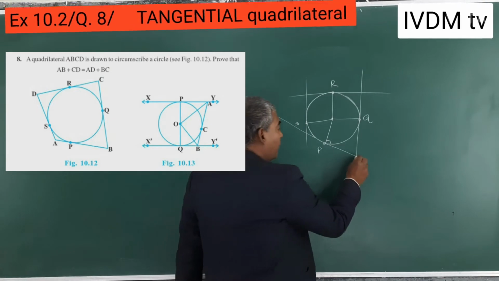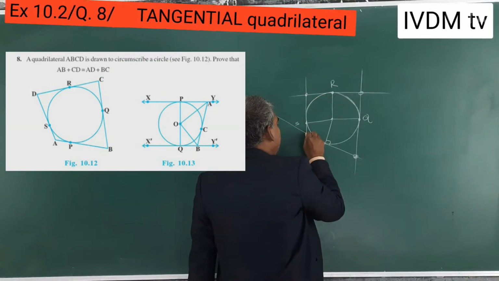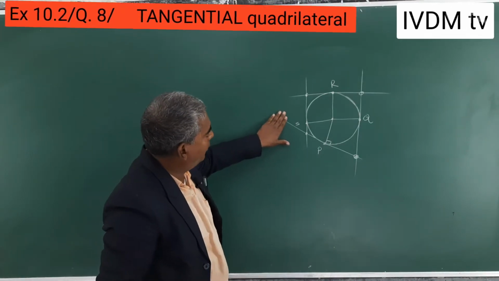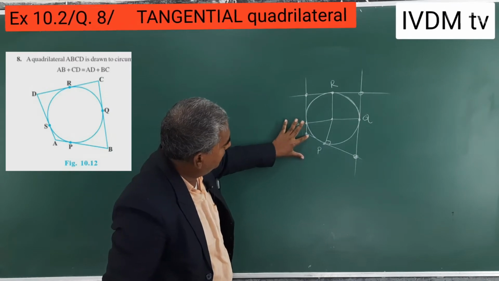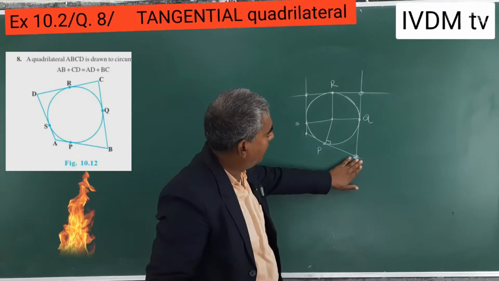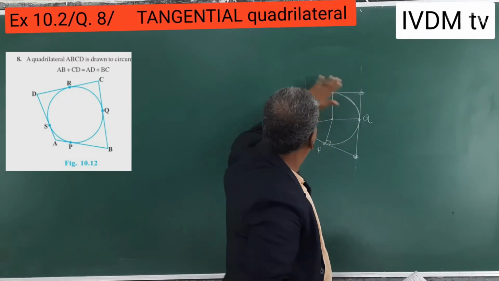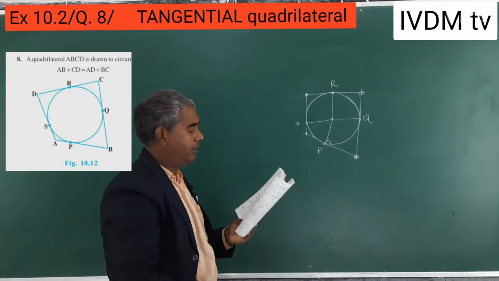So you are getting 4 points, these 4 points. So in your book, what is done? This extension is not made. This type of figure is simply made.